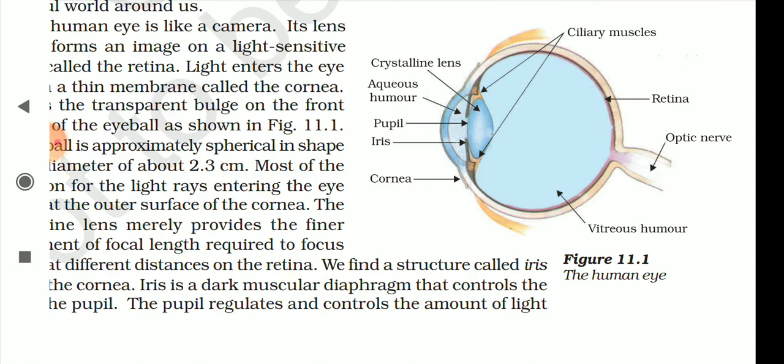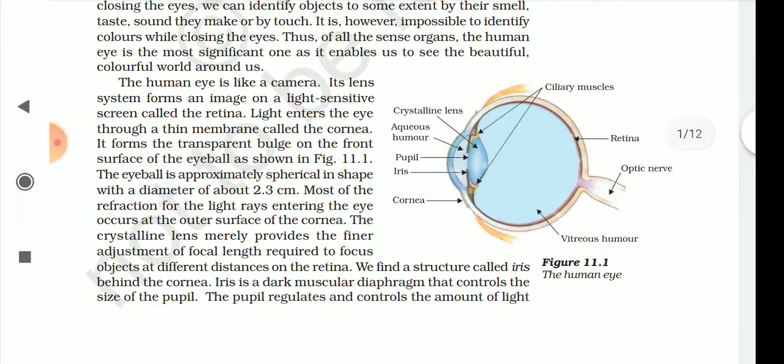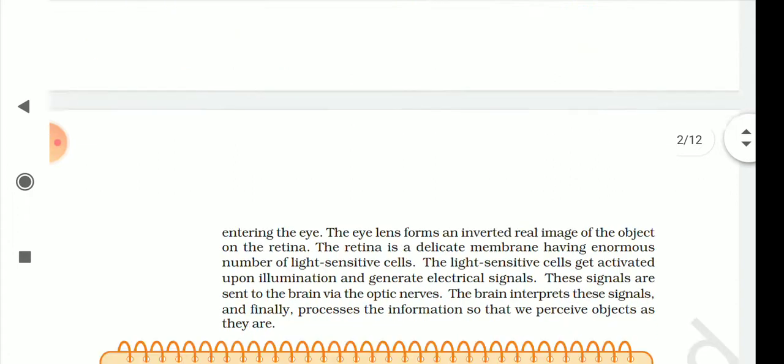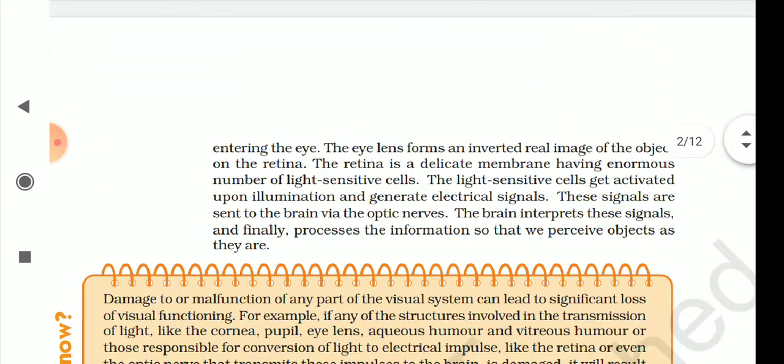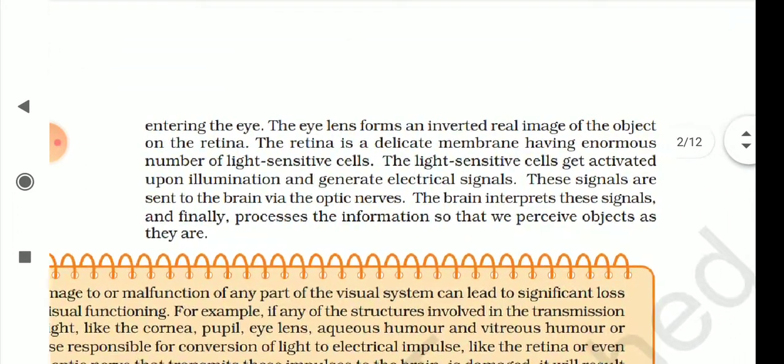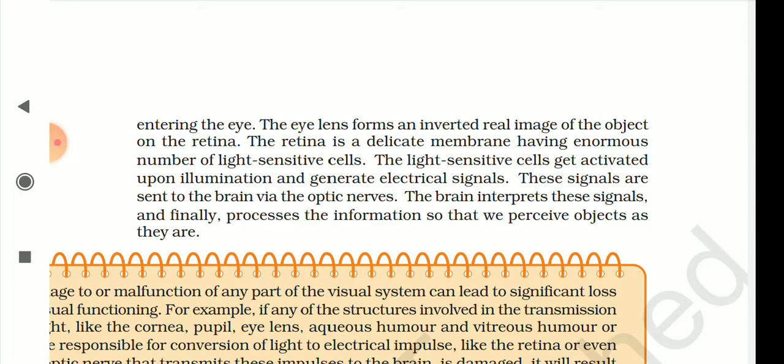Okay, what was the basic dimension of the human eye? It is always 2.3 centimeter in diameter. And then, where the light was sent, the eye always forms a real and inverted image of the object on the retina. So you need to know that whenever it is asked in the examination, the eye lens forms an inverted real image of the object on the retina.